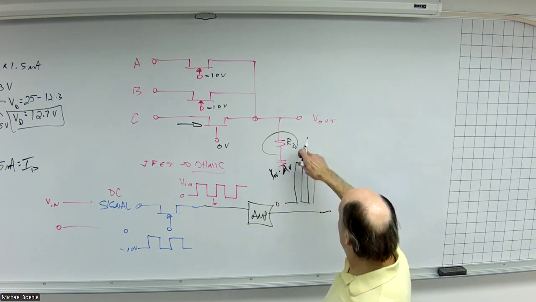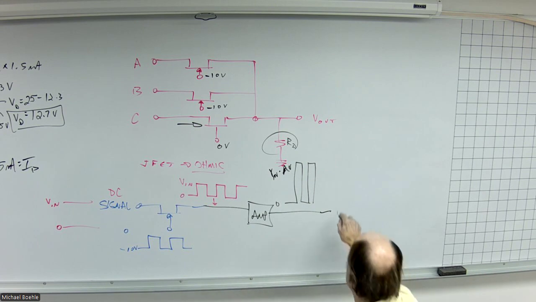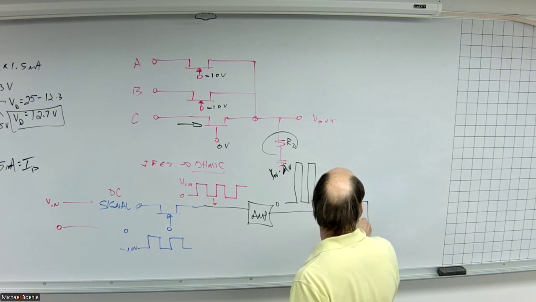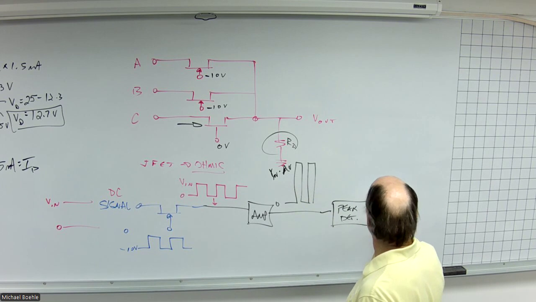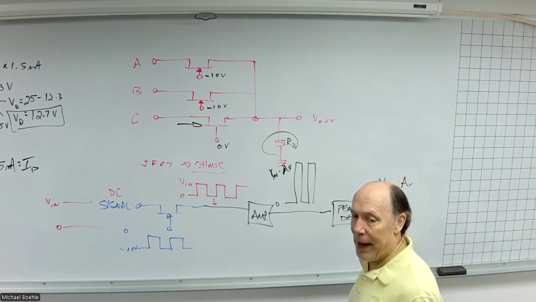And now if I run this into a peak detector, I'm basically taking the peak, which is now the input voltage times the voltage gain as my output.